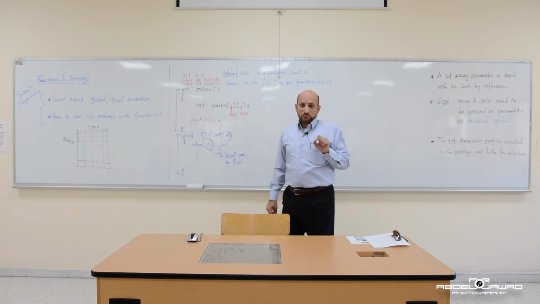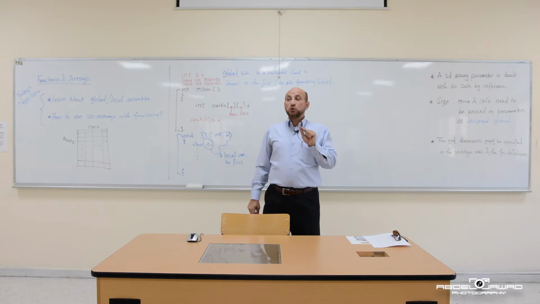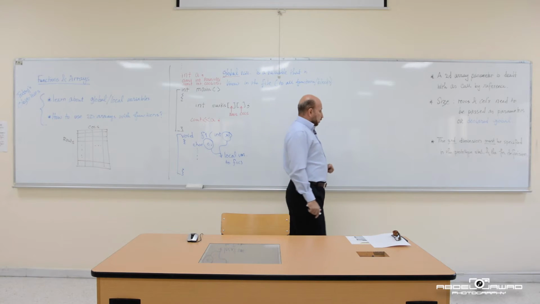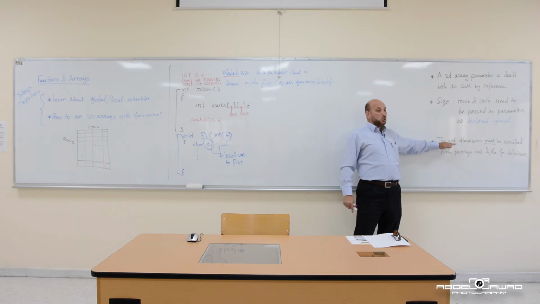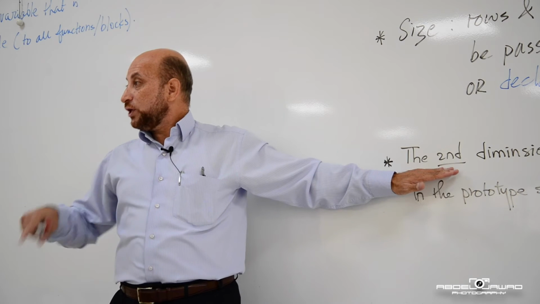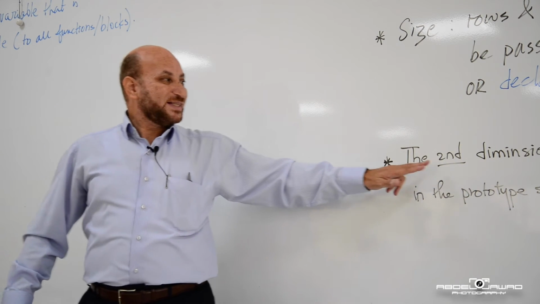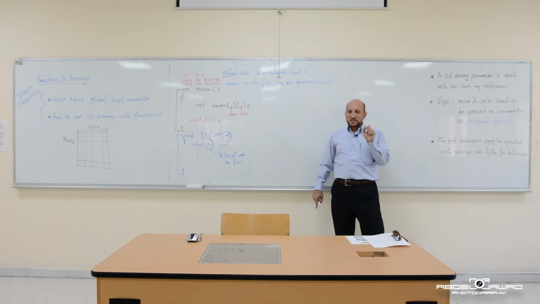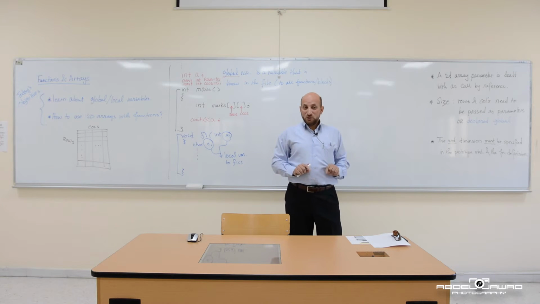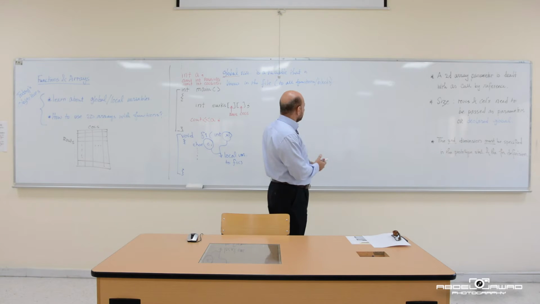One specific remark with 2D only, not applicable to 1D: whenever you declare your 2D structure in the prototype statement as well as the function definition, then the second dimension must be set to a value. You cannot just keep it empty. You have to set it to a value.